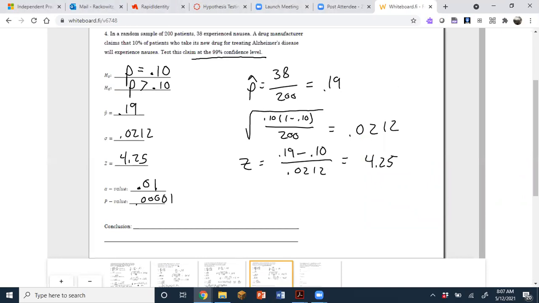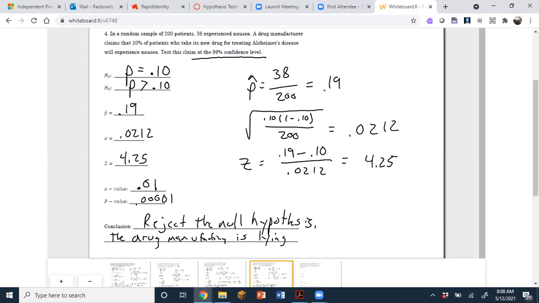So yes, we will reject the null hypothesis. The drug manufacturer is lying, making a false claim.